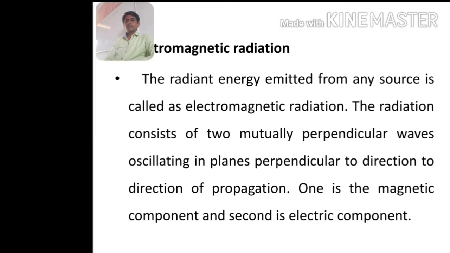Electromagnetic radiation is radiant energy. Radiant means it is emitted. Radiant energy is emitted from any source. For example, we will take the example of the sun. Sun is the source of different kinds of electromagnetic radiation. The radiant energy emitted from any source is called electromagnetic radiation.